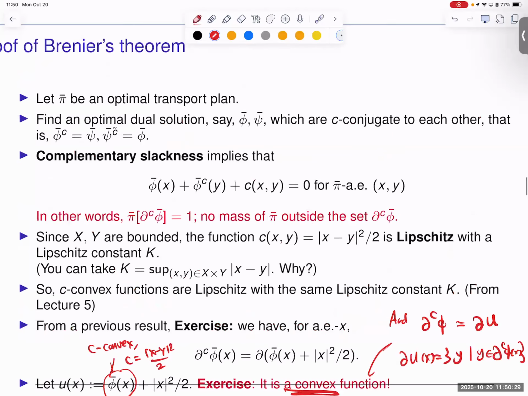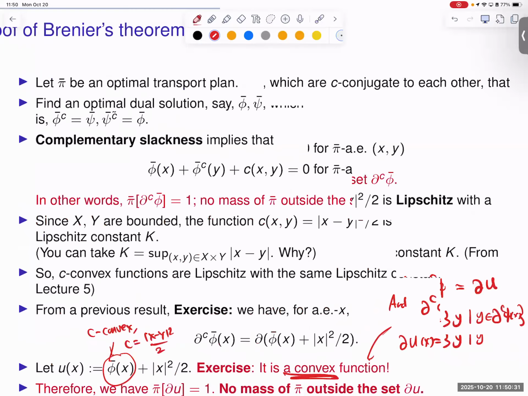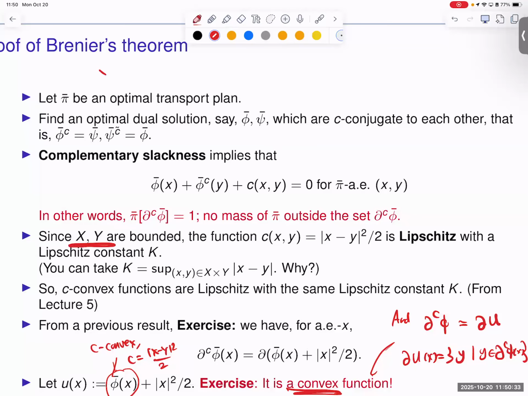Remember where x and y are coming from: x belongs to X and y belongs to Y, and X and Y are bounded open sets in R^n.